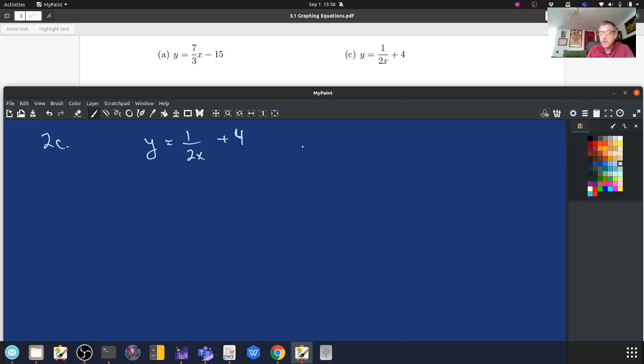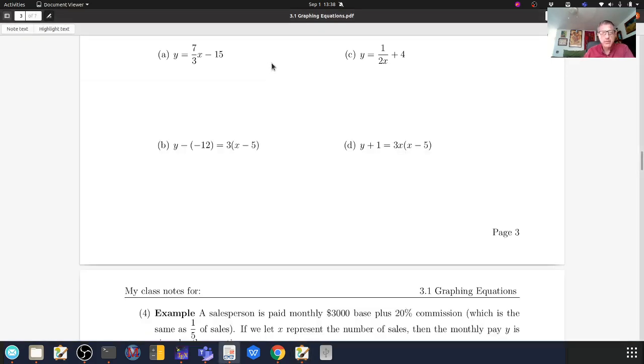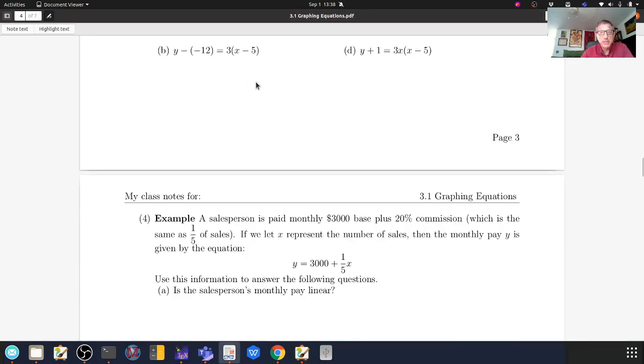So there is nothing I can do to convert this to ax, where x is x over 1, a is a over 1, those are the same, where x is the numerator of a fraction. So this is not linear. It has a very interesting graph, but linearity is not a property it has. Let's do B and D.